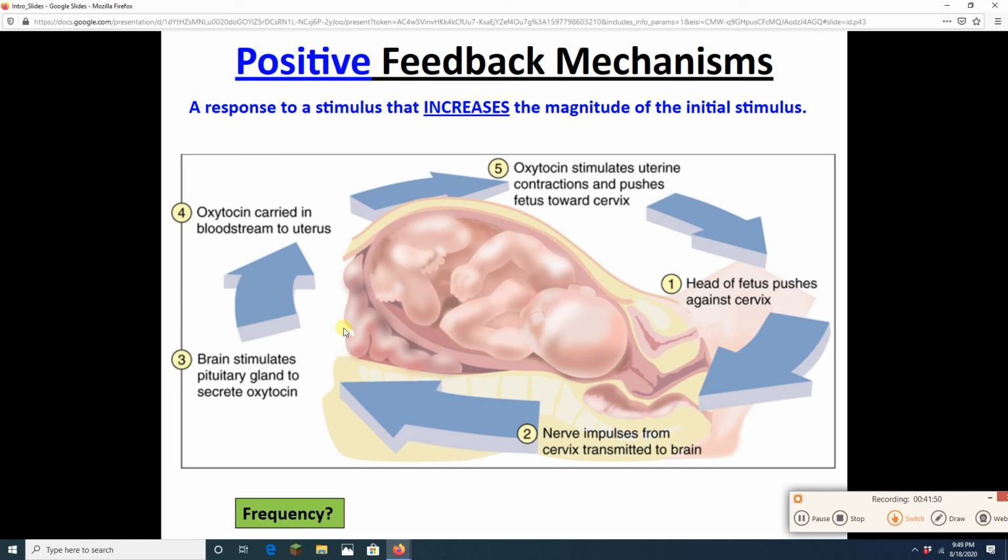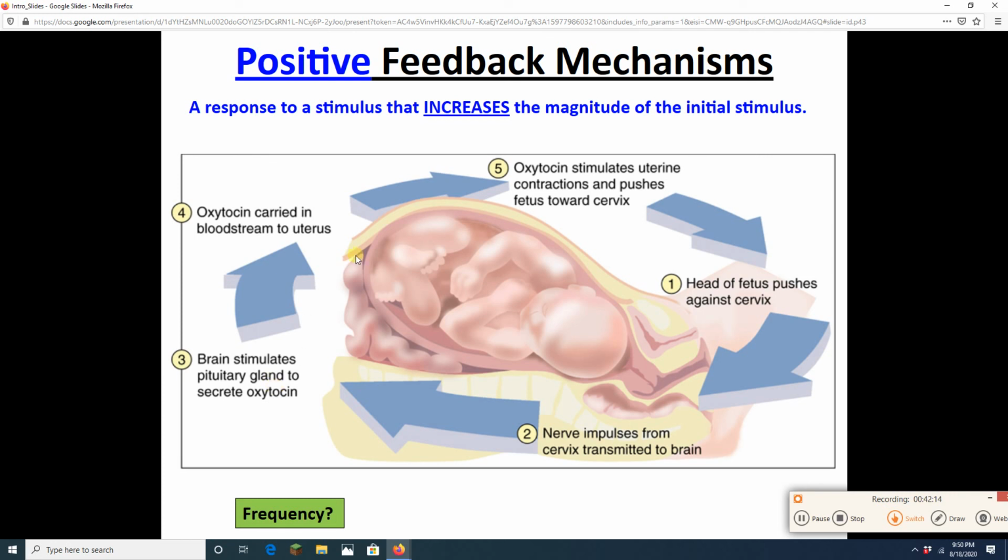A great example is the Ferguson reflex, which happens during childbirth. The baby's head starts to push and stretch the cervix. The cervix stretches. That's our initial stimulus right there. Nerves are going to take information to the control center of the brain. The pituitary gland secretes a hormone called oxytocin.